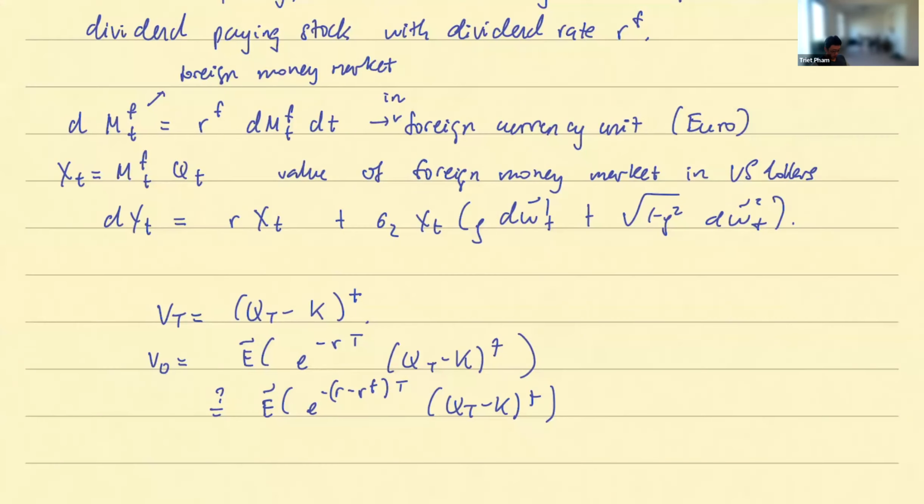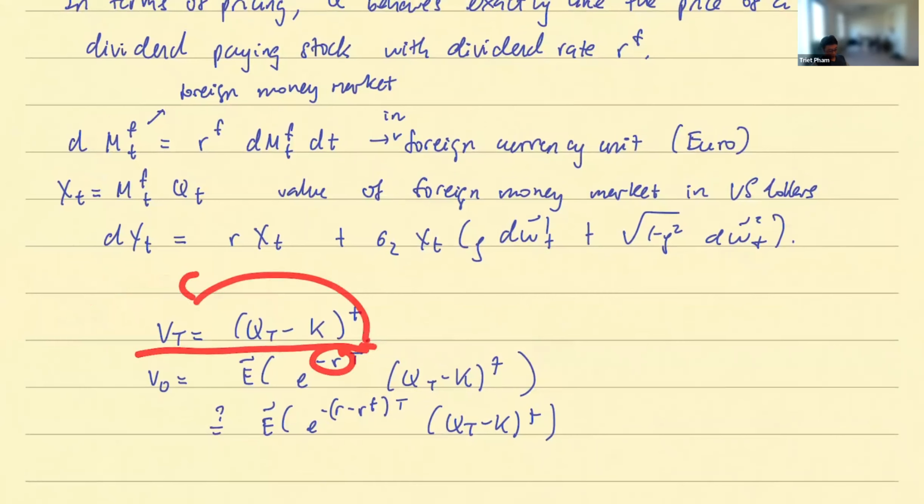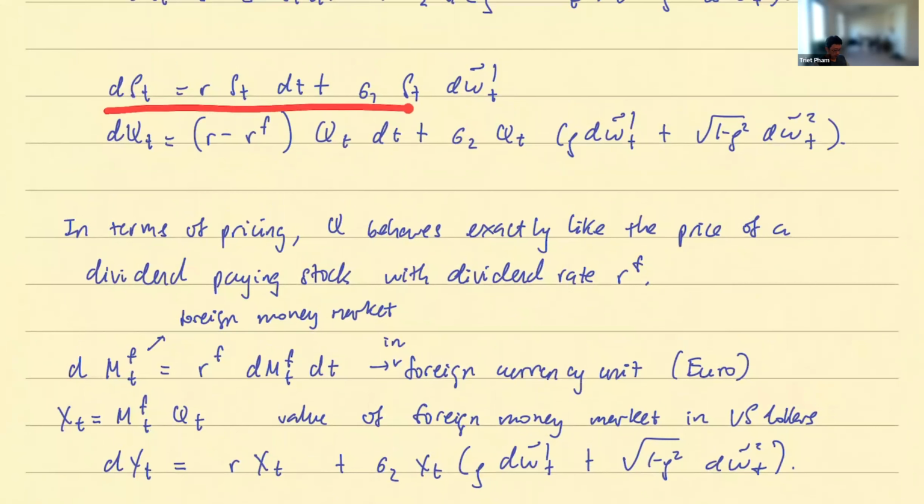The thing is, this is really just time value of money. You're bringing the future payment back to the present, and we are operating in the domestic market. So you have to use the domestic interest rate to bring it back to the present because everything here is in dollars.